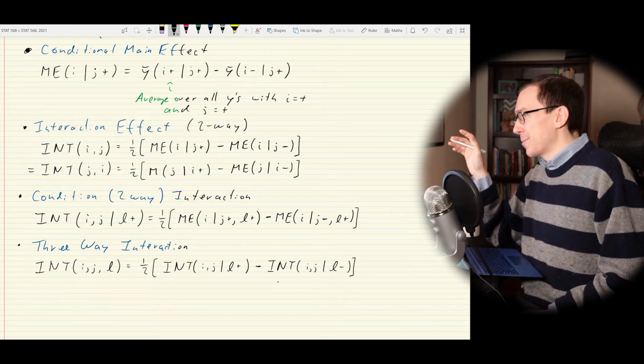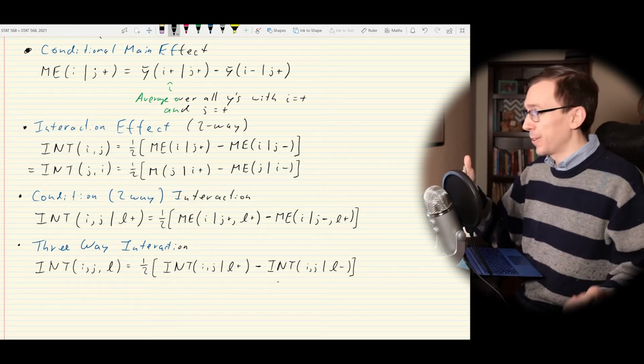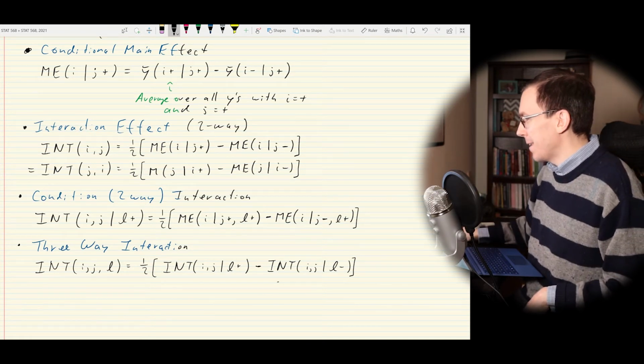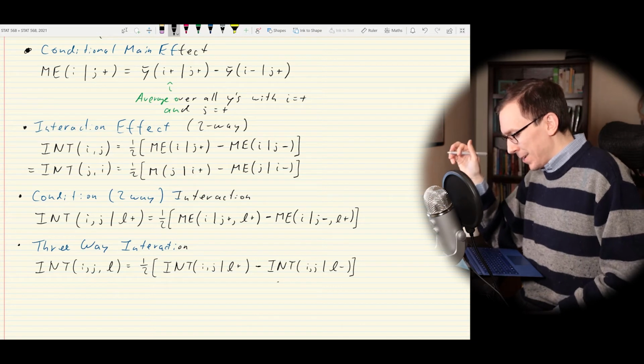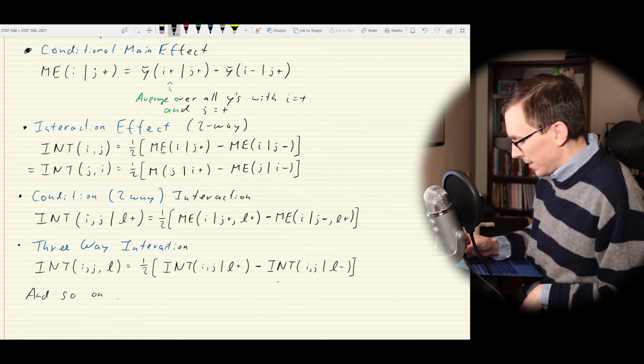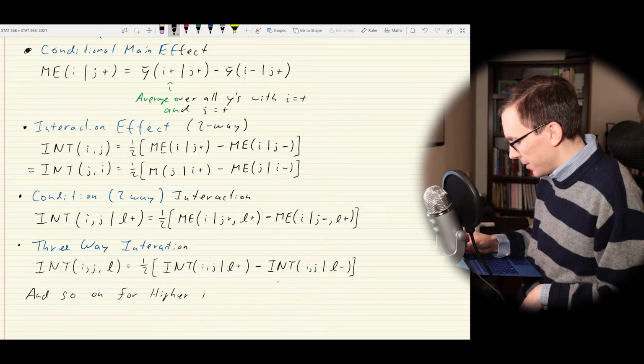All right, and we can just keep extending this further and further, building up all of our main effects. Okay, and so on for higher interactions.